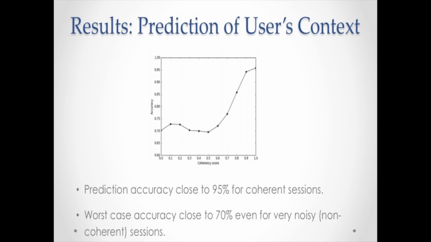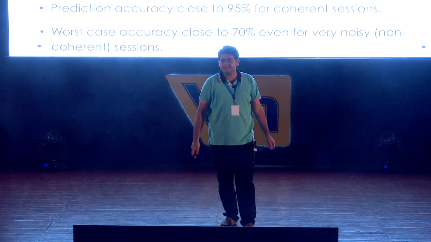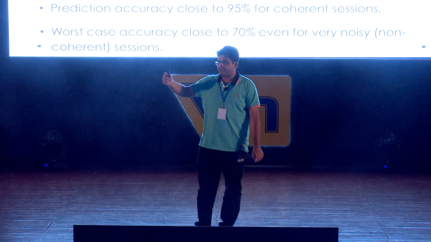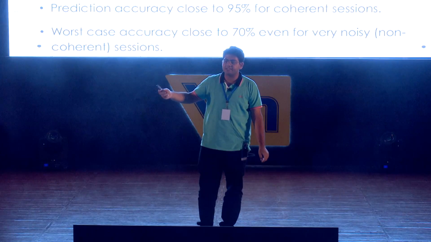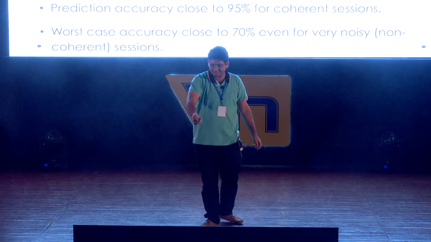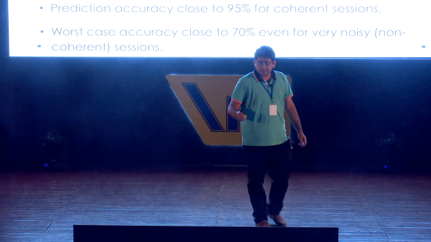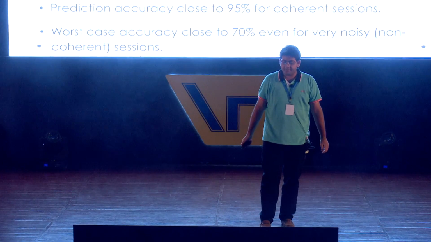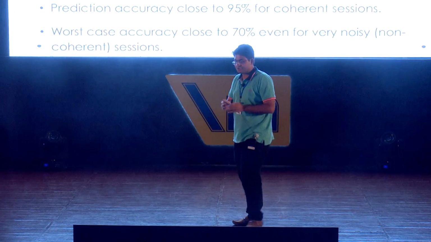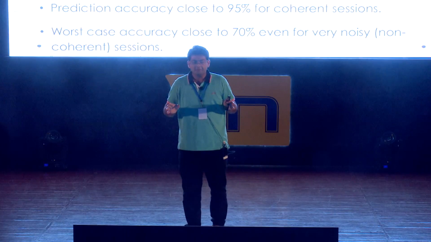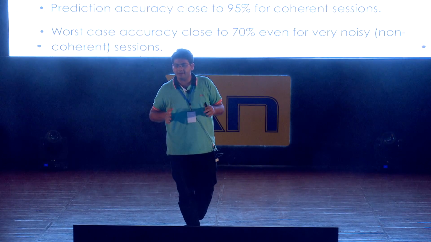So that's the graph which shows that we could predict as close to like 95%. For the nth style's product groups, we were able to predict 95% of the times correctly in the top 3, which I had mentioned on the last slide, right? And the worst case is also 70%. This sort of assumes that there is no context switch in the session. A user might start off with a shirt and end up buying a t-shirt.